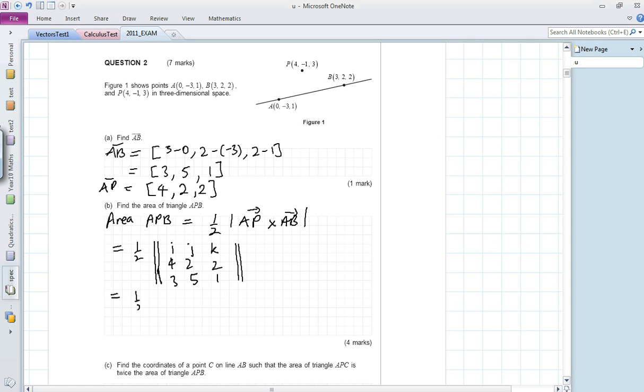Working that out, we get a half of i times 2 times 1 minus 2 times 5, plus j times 2 times 3 minus 4 times 1, plus k times 4 times 5 minus 2 times 3.